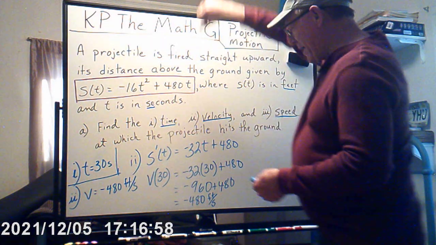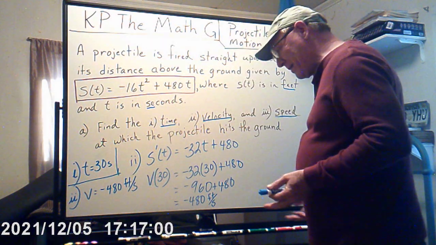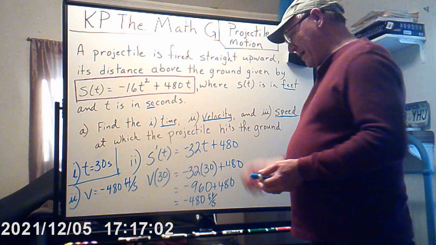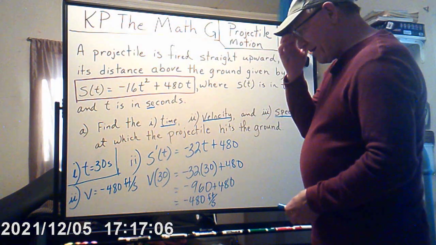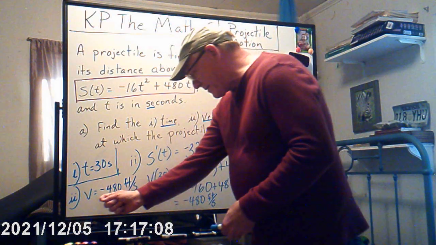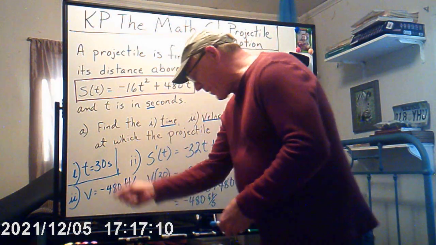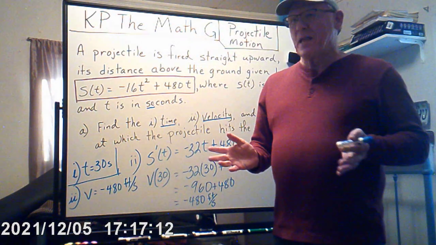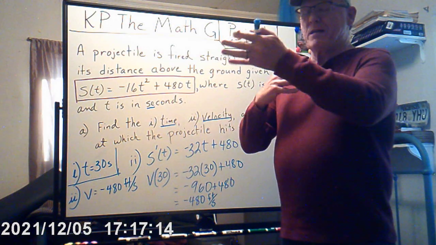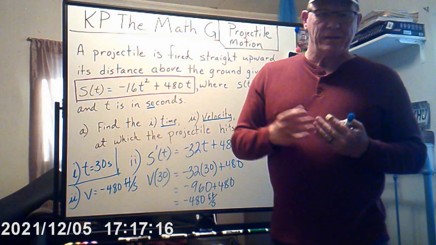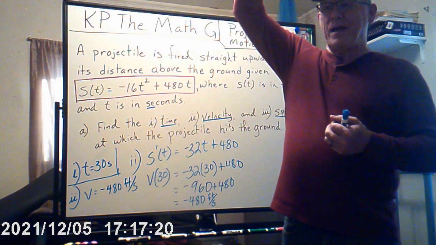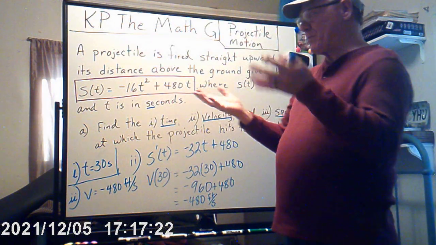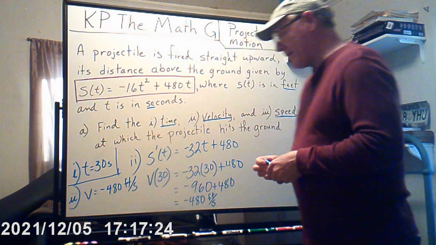Then it comes down, and the moment that it hits the ground, it's at negative 480 feet per second. Keep in mind that velocity could be positive or negative. Positive going up, negative coming down in this particular context.